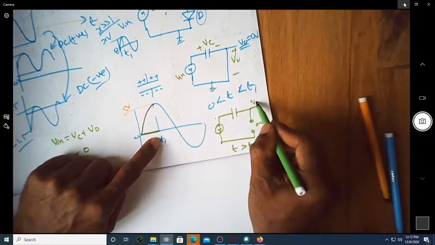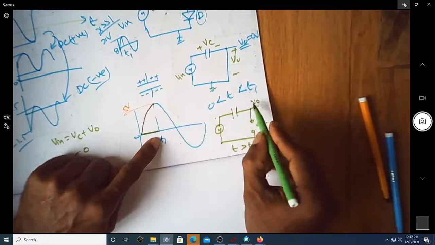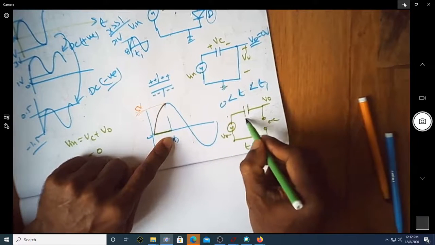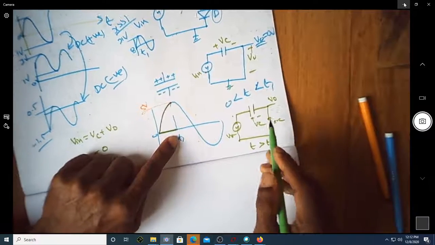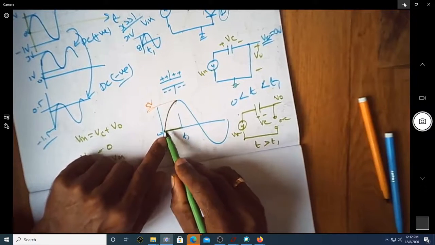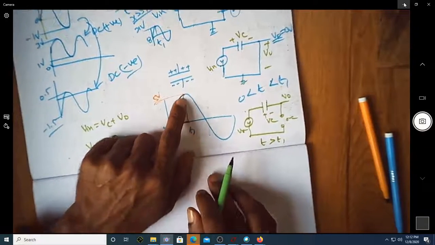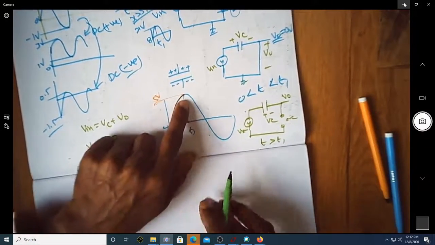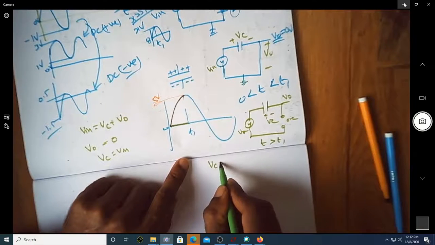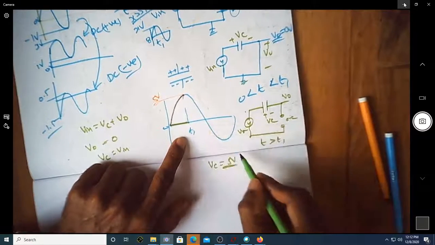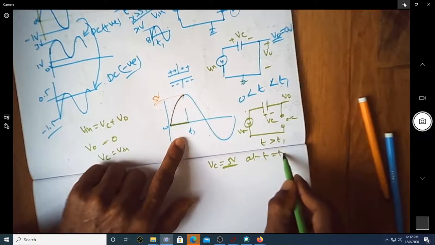When it is open circuited, what is V0? You can see V0 I can still write as plus minus Vc. By the time t1 has elapsed, what is the voltage across the capacitor? The voltage across the capacitor is 5 volt. So I can say Vc is equal to 5 volt at time t equals t1.